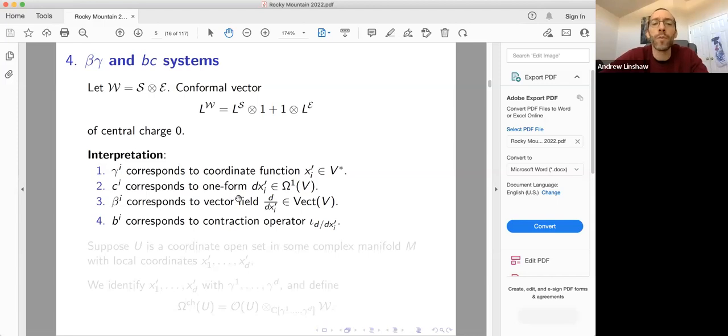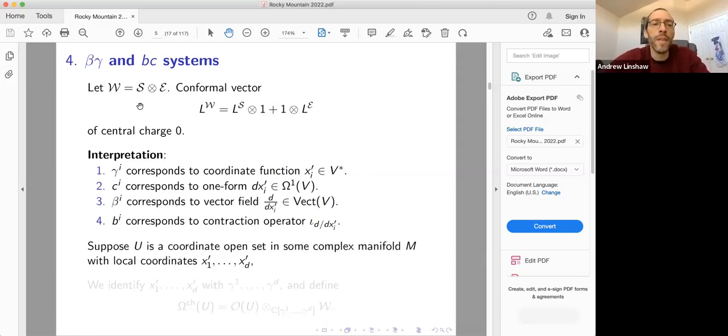C i will be the coordinate one-form, dx i on V. Beta i will correspond to the coordinate vector field, d/dx i. And B i will be the odd vector field, or the contraction with respect to this vector field, iota of d/dx i. This operates on forms by lowering the form degree by 1. Okay, so I haven't changed anything yet. These are just how I choose to interpret them now.